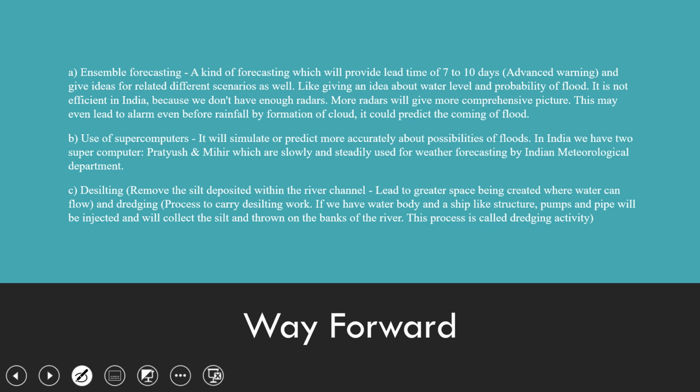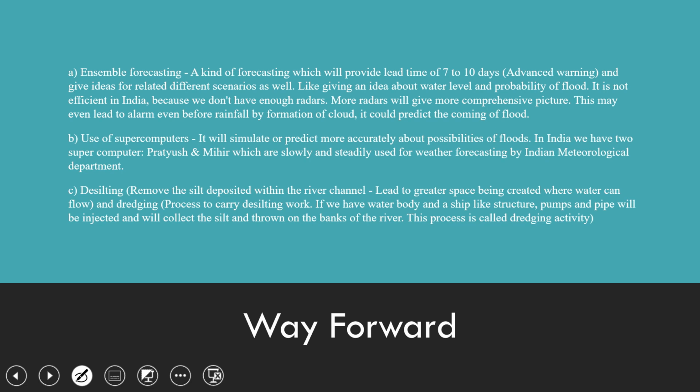Okay, so what is the way forward? We will include that in phase 1 and phase 2. So we have to improve our forecasting methodology, and it should not be based on 24 hours. It should be at least 48 hours, but if it is more than that, it will be very good.